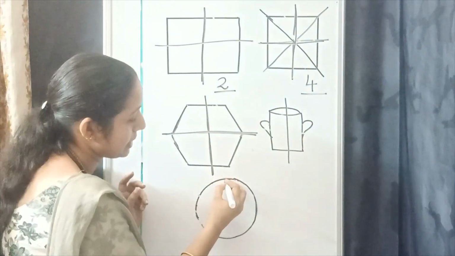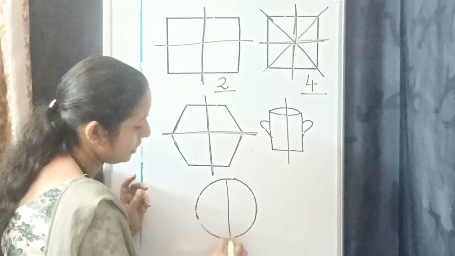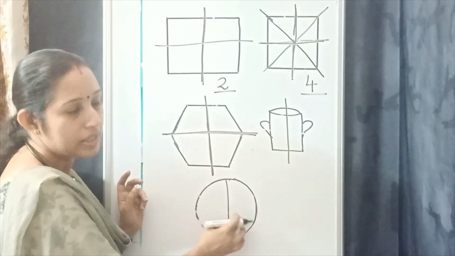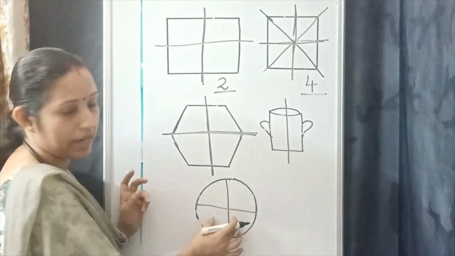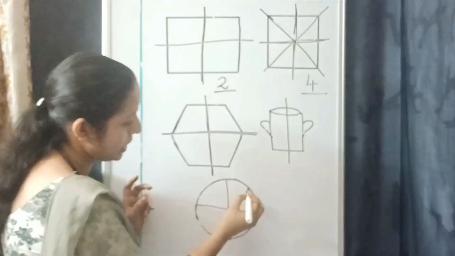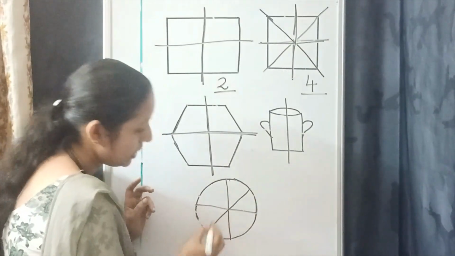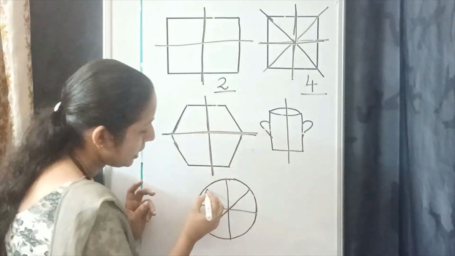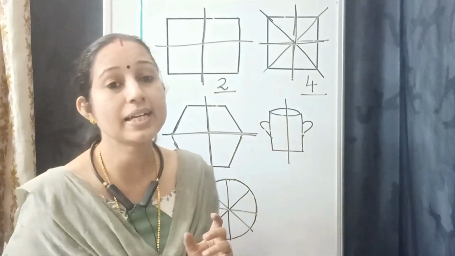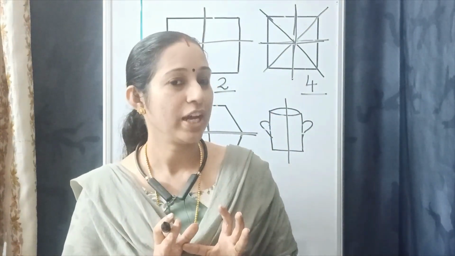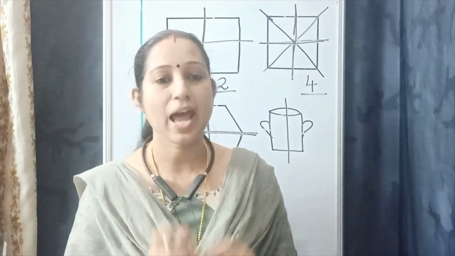And this circle, one line, two equal parts. This whole line is a line of symmetry. If we draw this way, these two parts are equal, so that is also a line of symmetry. And this way, these two parts are equal. So in a circle, we can draw an infinite number of lines of symmetry.